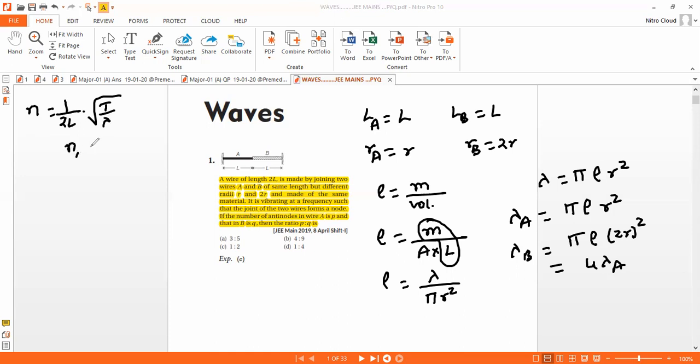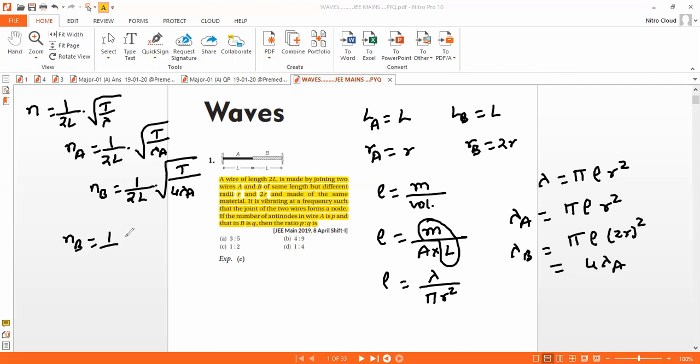So frequency of A equals 1 by 2L times under root T by lambda A, and frequency of B is 1 by 2L times under root T by lambda B, meaning 4 times lambda A. So NB is equal to 1 by 2 times 1 by 2L into under root T by lambda A. That is nothing but NB equal to NA by 2.